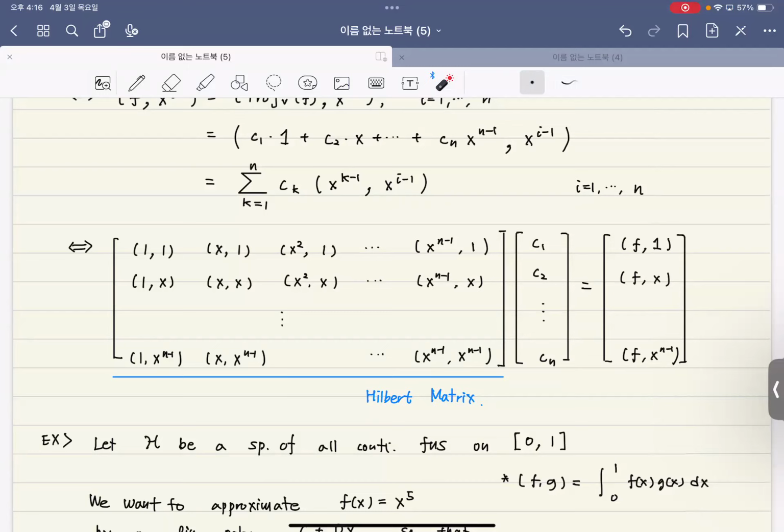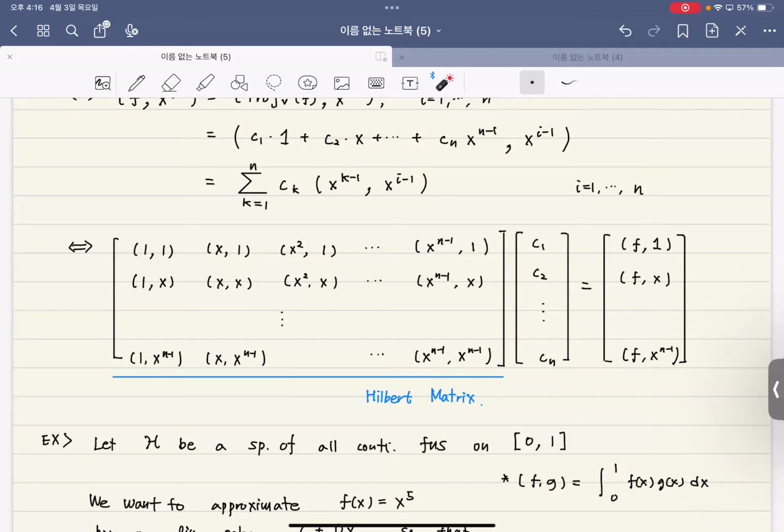The problem happens when the size of n is getting large. So suppose you have some function f, and you want to project that f onto the space of all polynomials of degree less than or equal to 10. Then in that case, the size of the Hilbert matrix is going to be an 11 by 11 matrix.